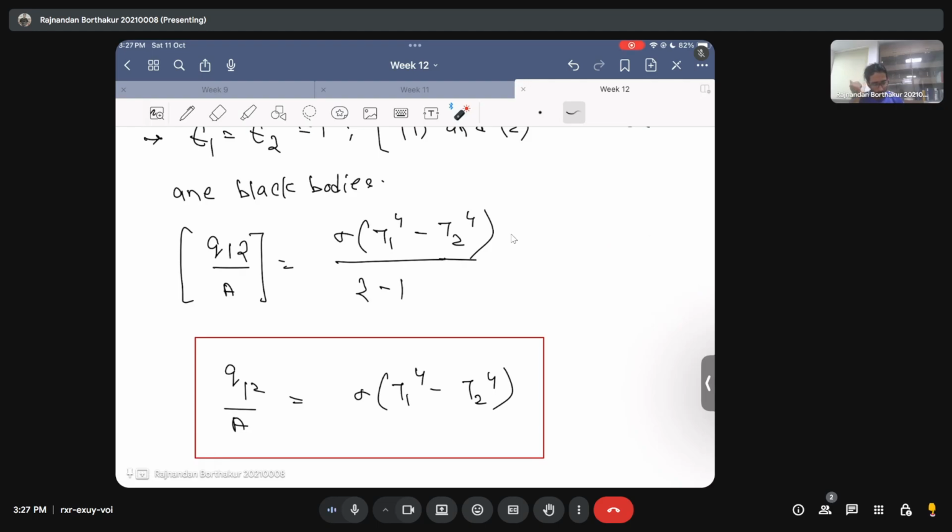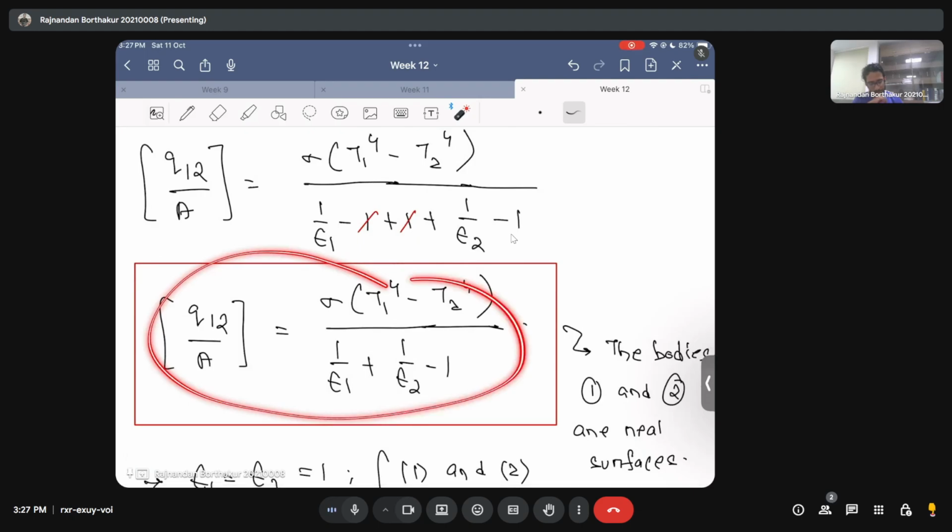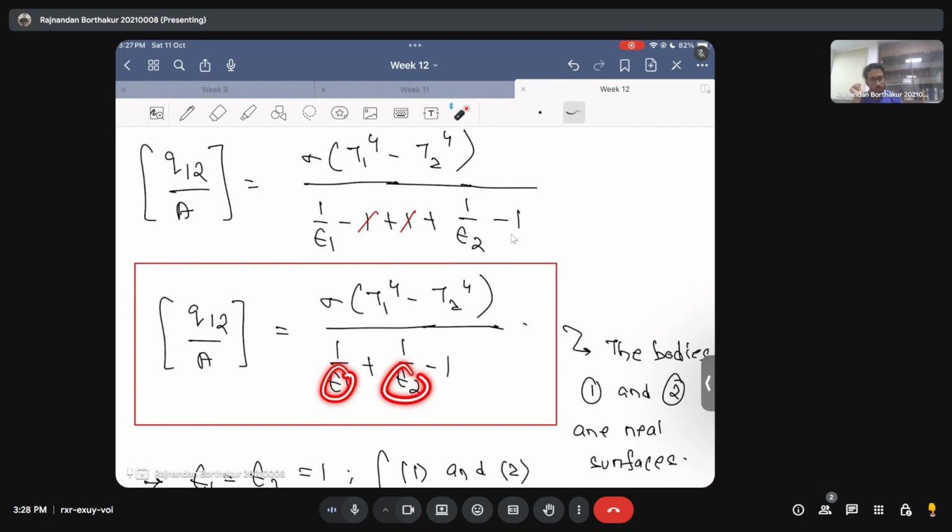Okay. In that context, this gives you the net radiation exchange between the two bodies had the surfaces been black surfaces, while this expression gives you the net radiation exchange for the surfaces when they are non-black surfaces possessing emissivities epsilon 1 and epsilon 2 less than 1 typically.